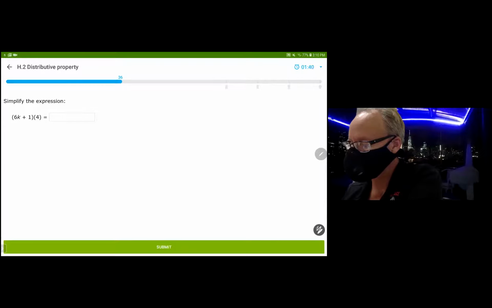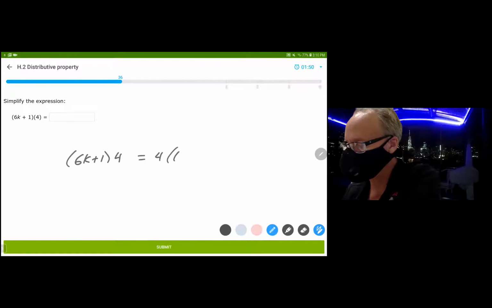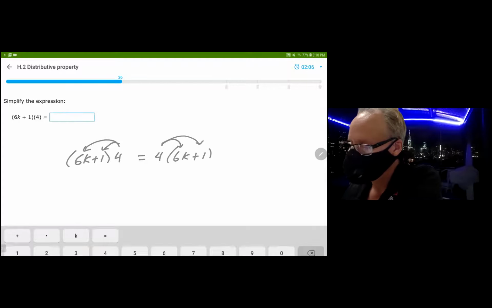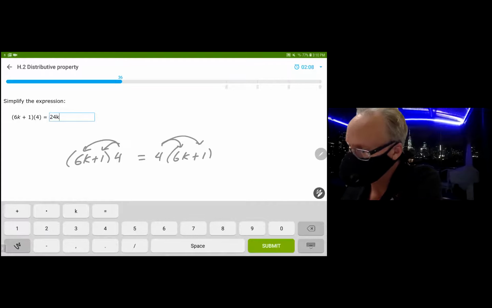Realize that, because of the commutative property, 6k plus 1 times 4 is the same as 4 times 6k plus 1. That's because of the commutative property of multiplication. The distributive property says that we can distribute like so. So clearly we can distribute the same in the opposite direction. So that's going to be 24k plus 4.